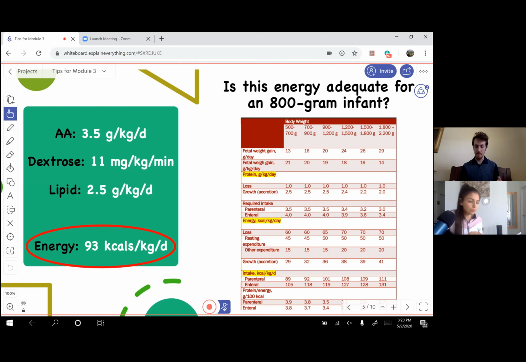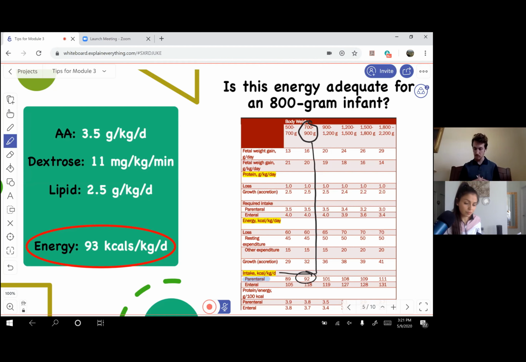But let's go ahead and take a look then. It's based off of the body weight of the infant. So we have an 800 gram infant, which means we're looking at this column right here. That's where he or she falls. And we're going to go down to where we see the intake, looking at parenteral intakes.